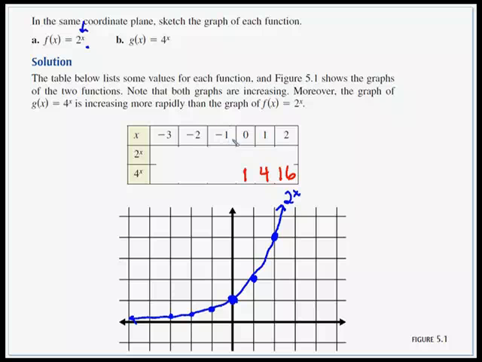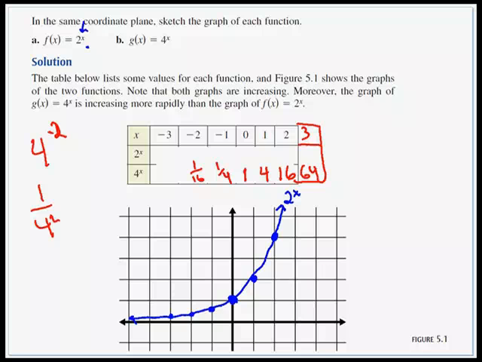Now let's work over here on the negative side. 4 to the -1 would be, move that to the denominator, 1 over 4, or 1/4. 4 to the -2 is the same as 1 over 4 squared, or 1/16.